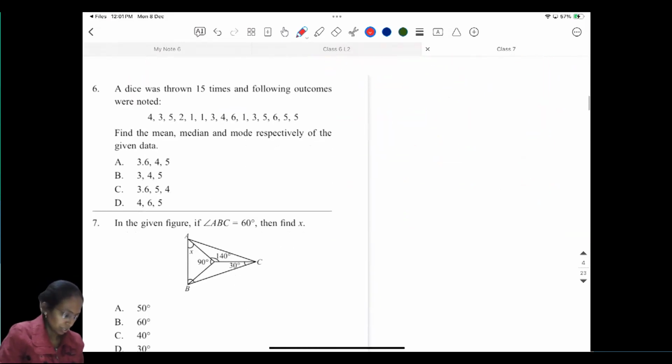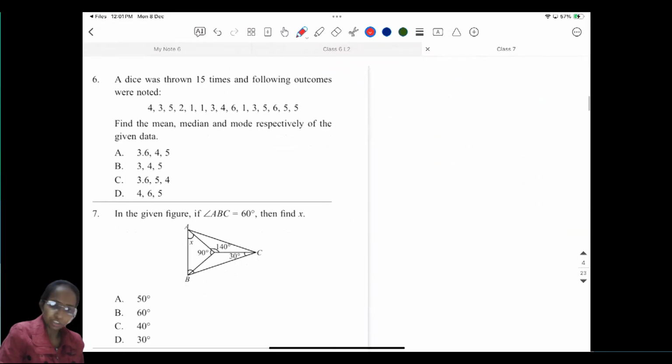Now the next ones, the sixth and seventh questions. The sixth question is a dice thrown 15 times and the following outcomes were noted. Find the mean, median and mode of the following. So first of all, mode is very easy to find. It is the number repeated the maximum number of times.